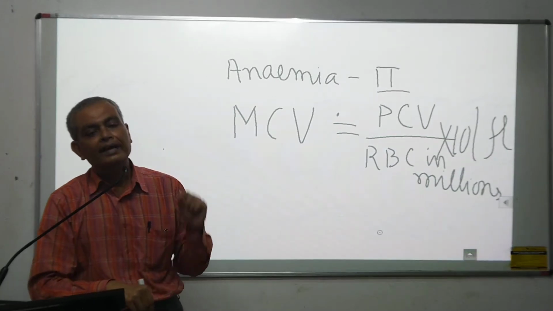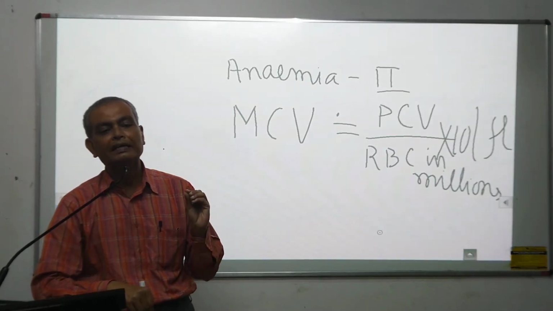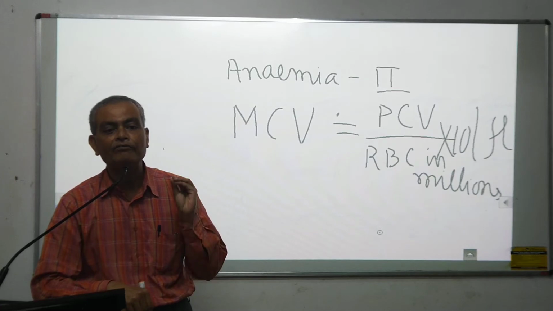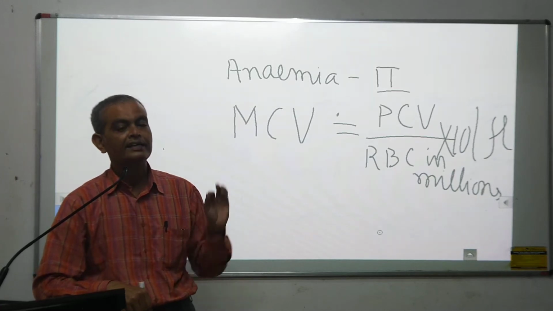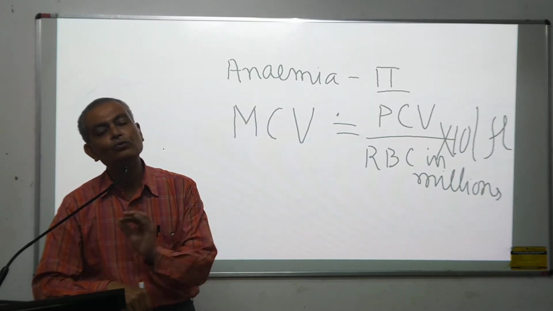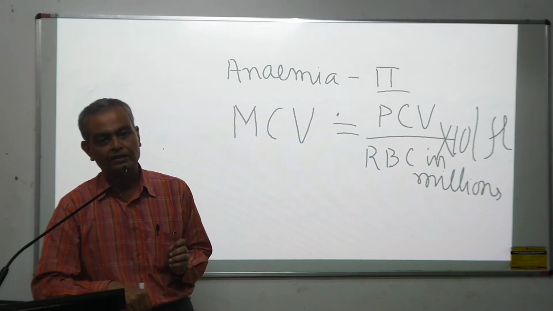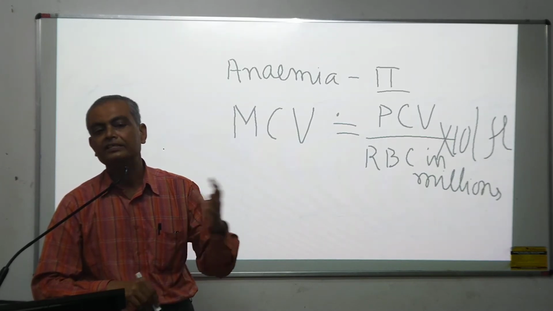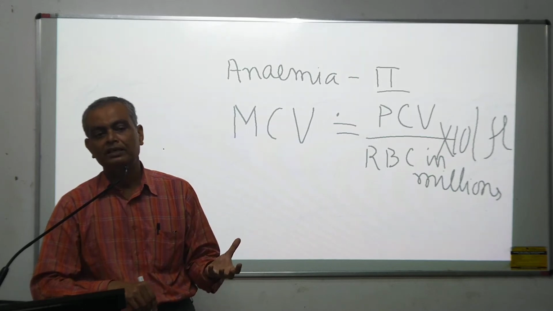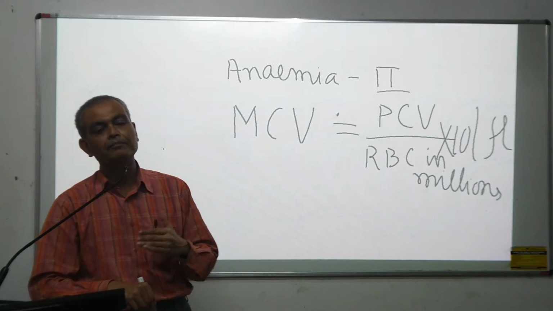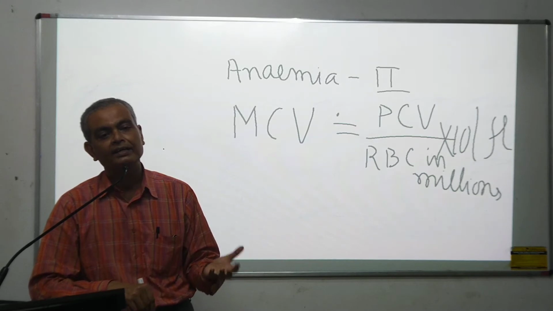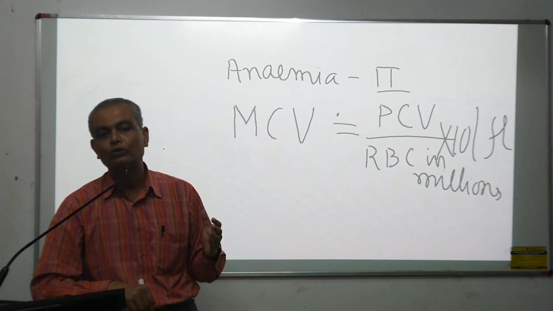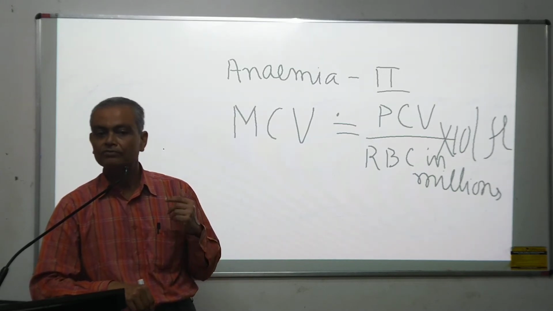So MCV is approximately 90 femtoliter and the range is 80 to 97 femtoliter. Anything more than 100 means the size is more, that is macrocytosis. Anything lower than 80, particularly below 78, is microcytosis. So that is for MCV.